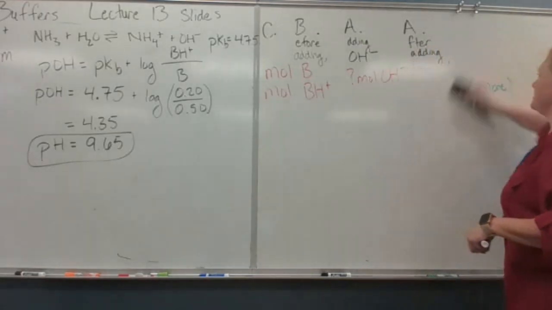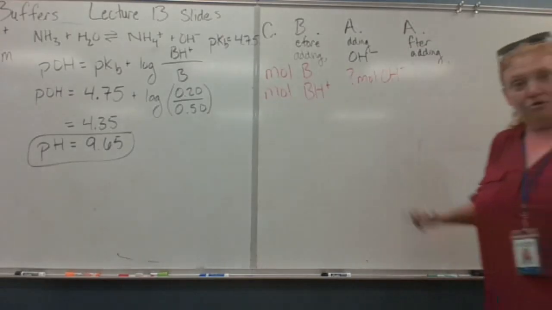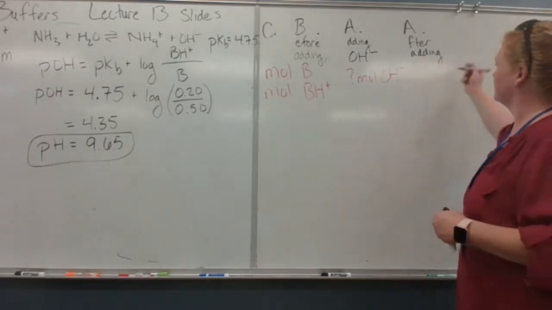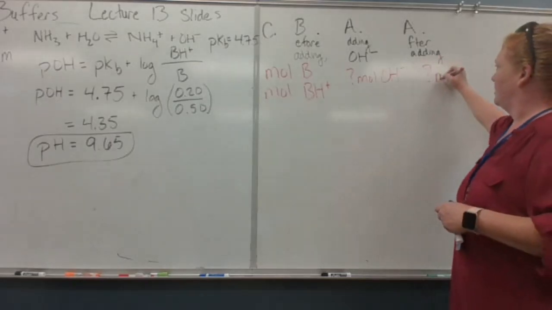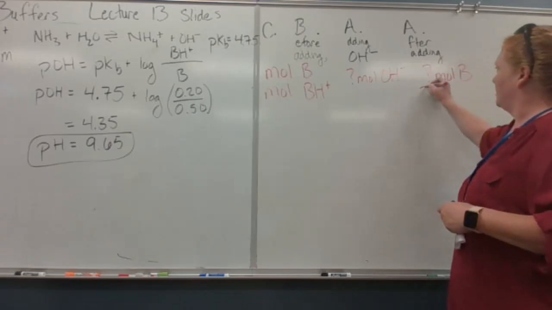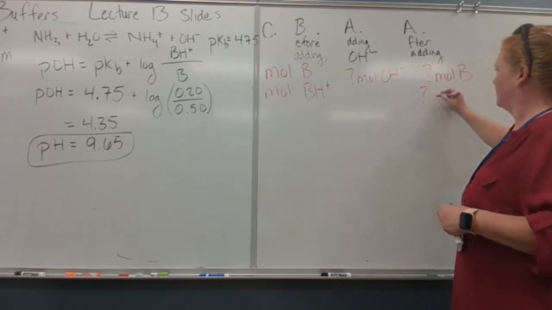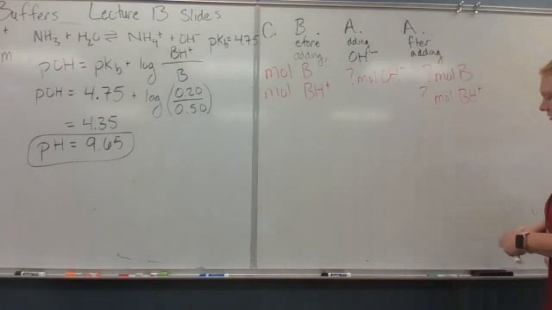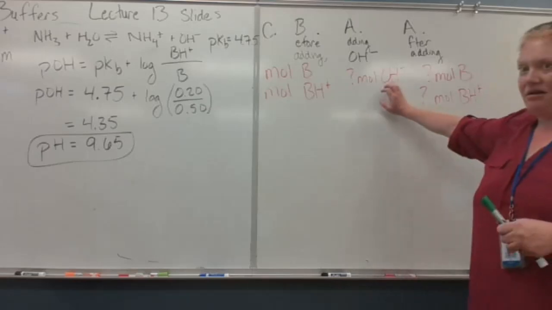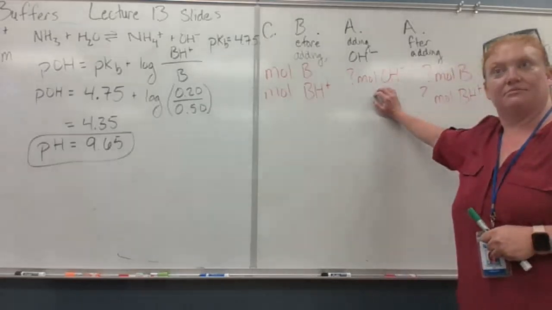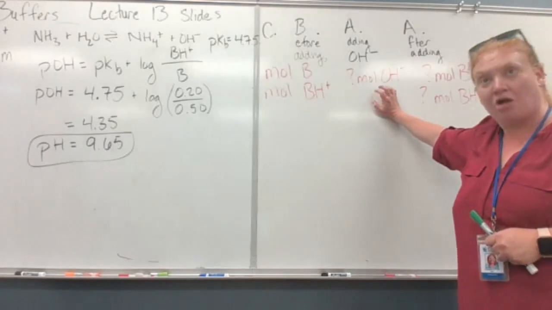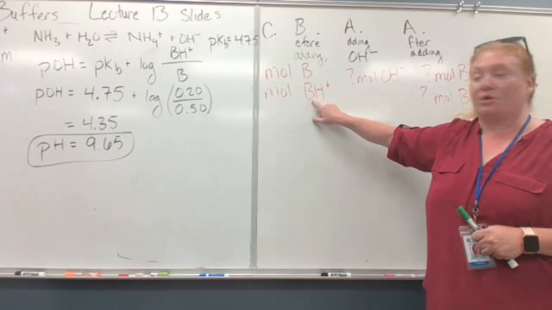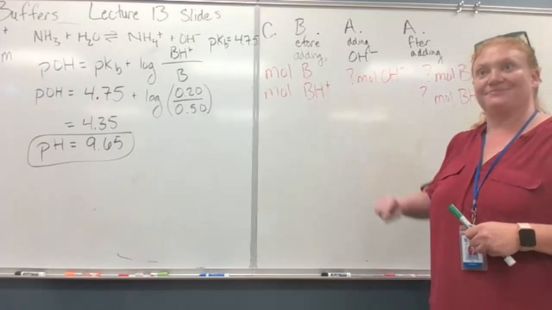Okay. So now this is where we got to think which one is going to decrease and which one is going to increase. So if I'm adding a base, I'm adding strong base, the conjugate acid is what's going to attack it, right?